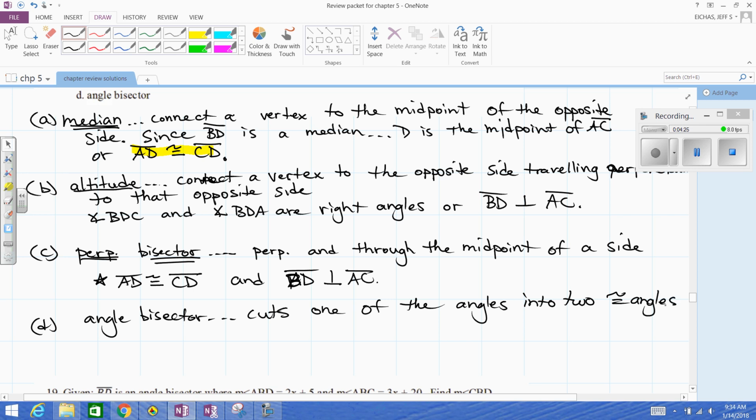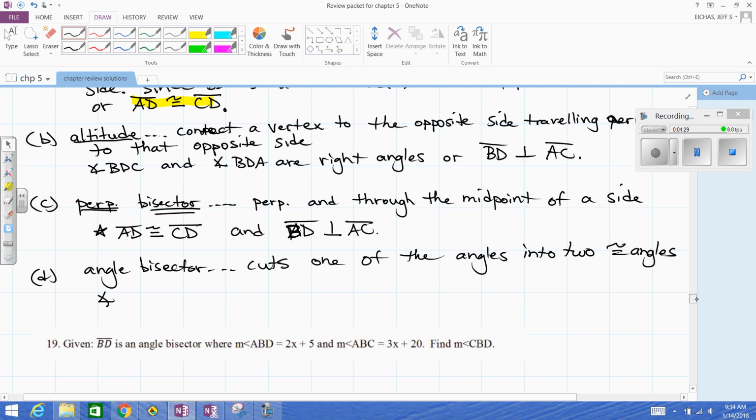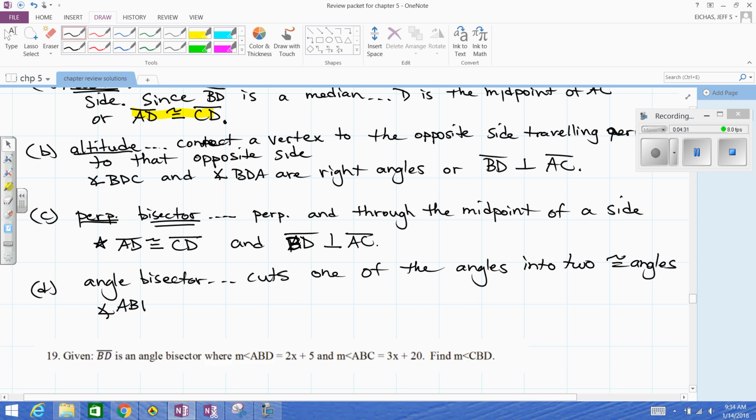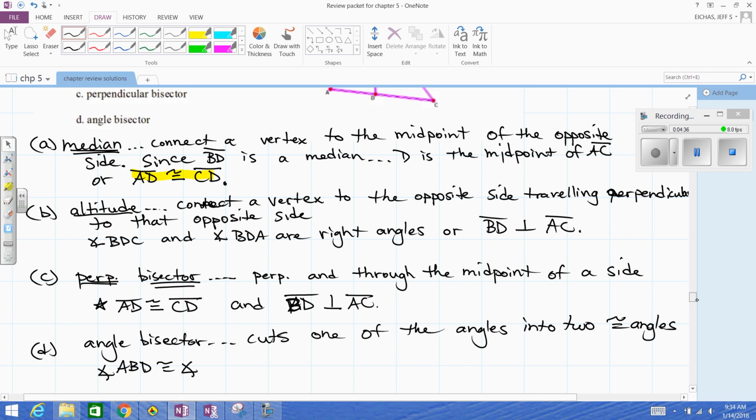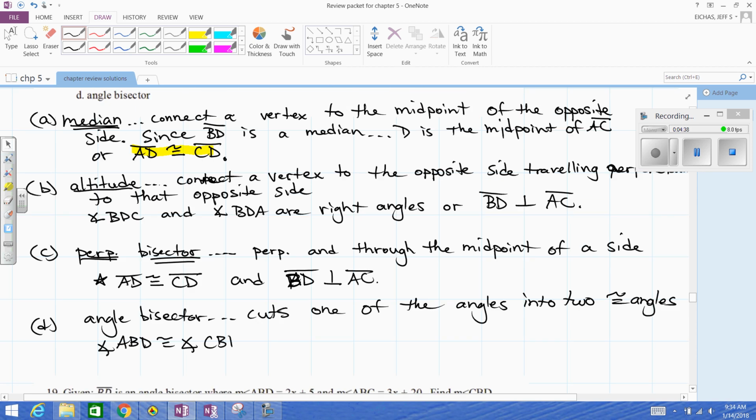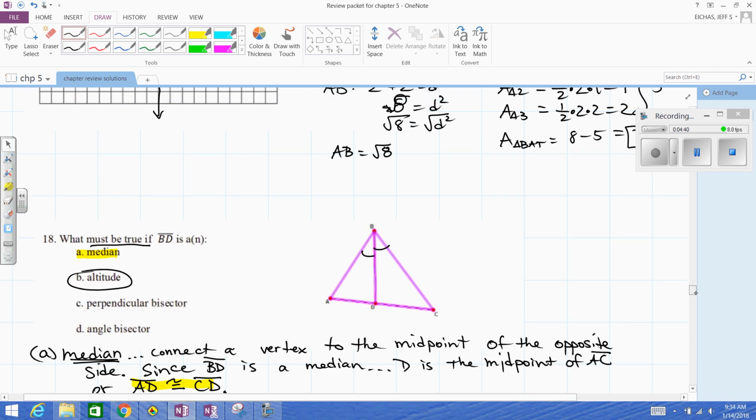So, two congruent angles. So what I'm going to say is our conclusion is that angle ABD is going to be congruent to angle CBD. All right, I think that's it for that portion.